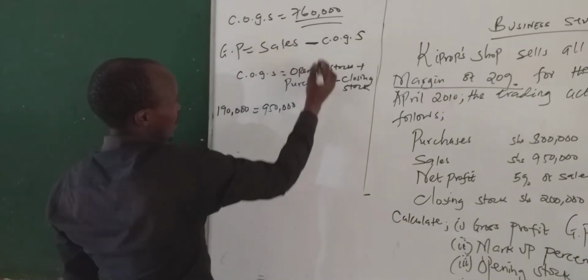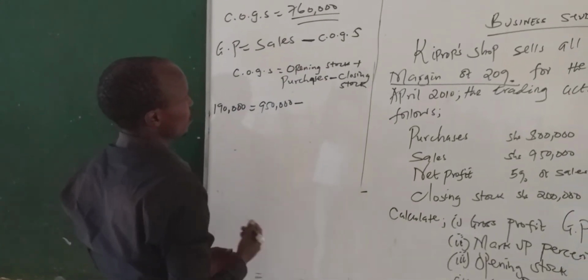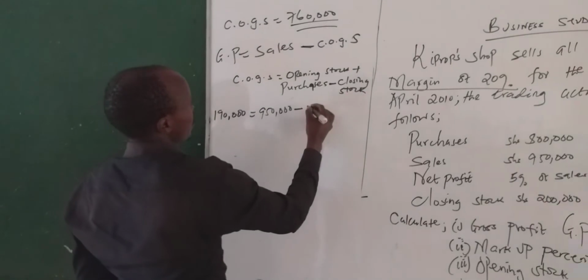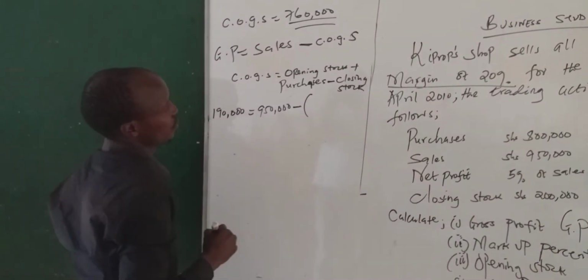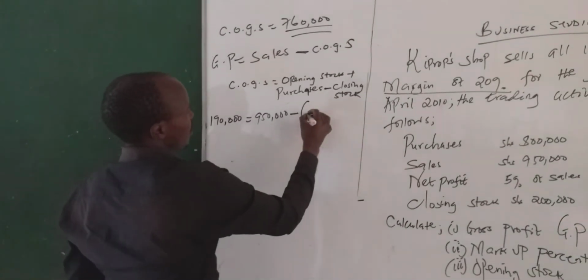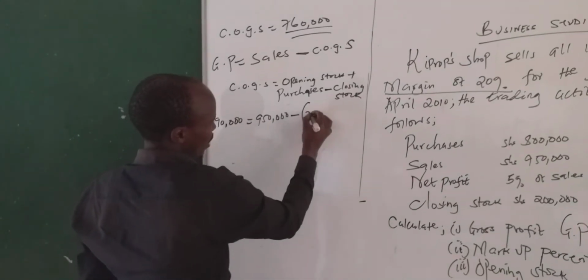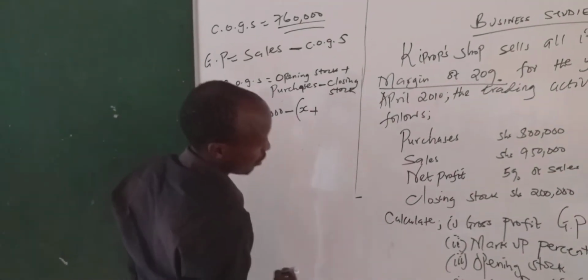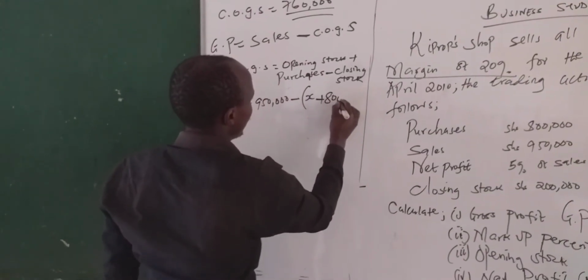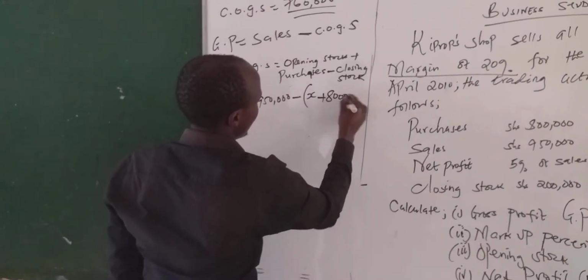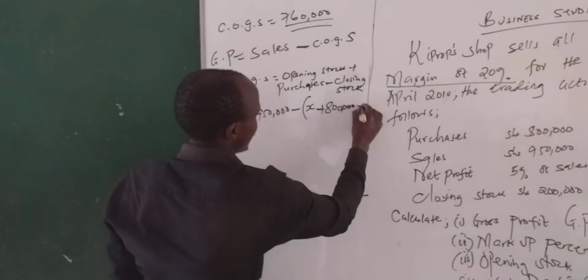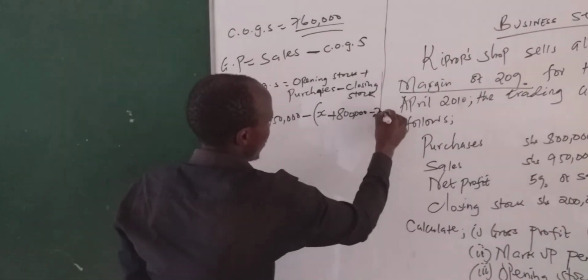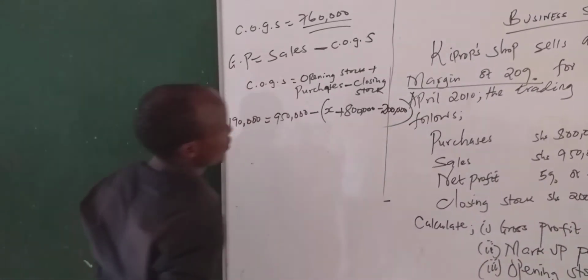We subtract cost of goods sold, and our cost of goods sold is opening stock, which I will take as X, I add purchases 800,000, then I subtract closing stock 200,000.